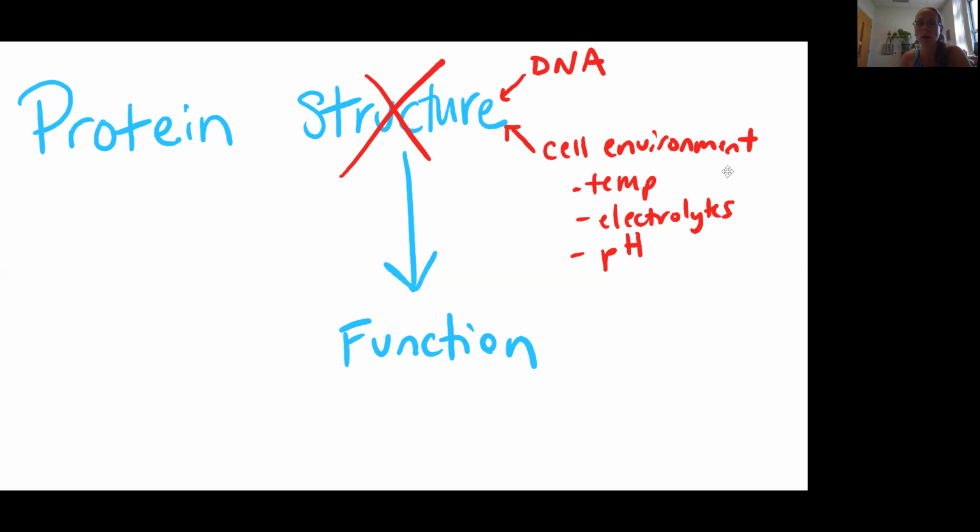If you in any way alter the shape of your protein, you alter its function. Now, sometimes you can just tweak it a little bit and it just doesn't work quite as well as it should. Sometimes you change the shape to such an extent that it doesn't function at all. Sometimes that change of shape is permanent. We call that being denatured. Sometimes that change of shape can go back and forth between like the correct form and the incorrect form.